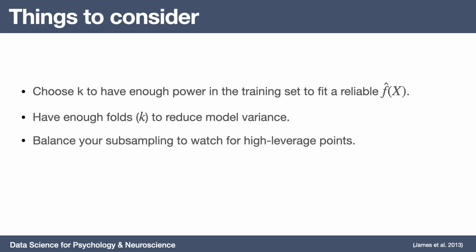You want to balance your subsampling to watch for high leverage points. There are other reasons you would want to balance your subsampling when you split your data into partitions. So if I use a 5-fold cross-validation or a 4-fold cross-validation, let's say there's a factor that I know is very relevant to my model, let's say gender. You actually want to use a scheme that doesn't arbitrarily choose observations.